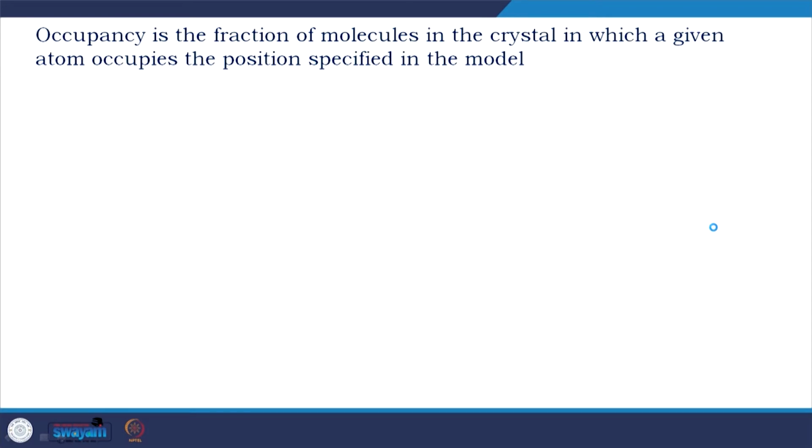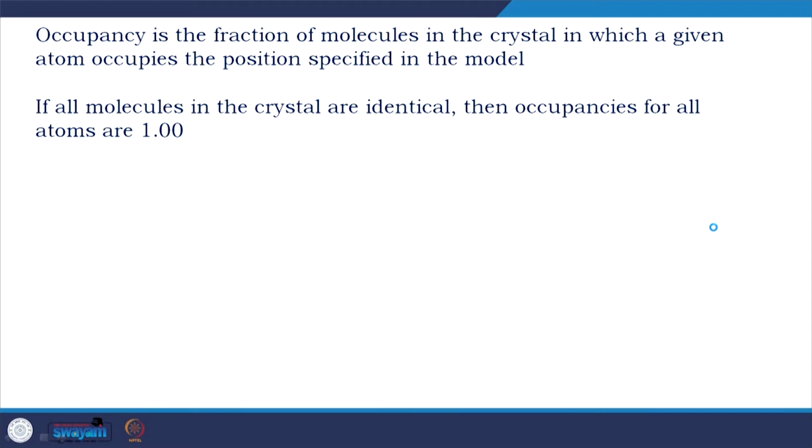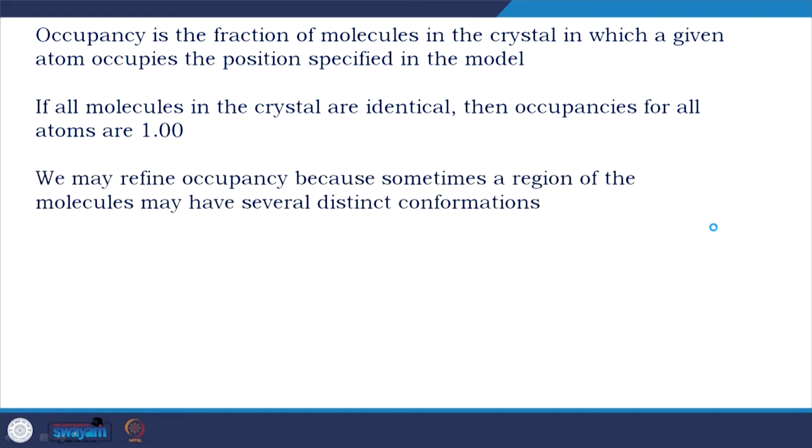Occupancy is the fraction of molecules in the crystal in which a given atom occupies the position specified in the model. If all molecules in the crystal are identical, then occupancies for all atoms are 1.00. We may refine occupancy because sometimes a region of the molecule may have several distinct conformations.